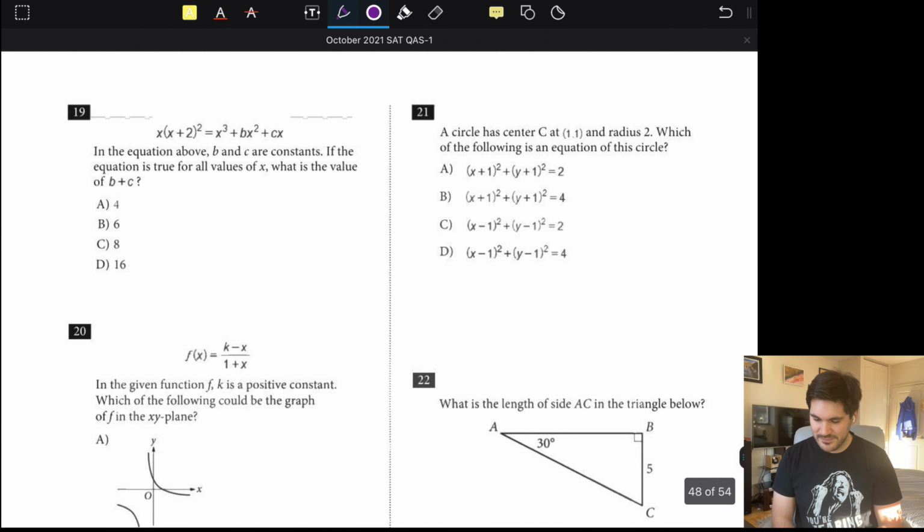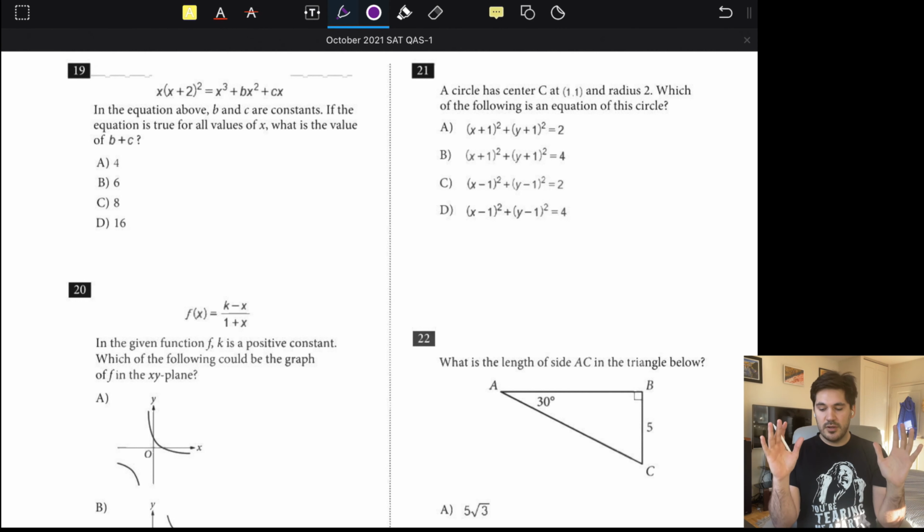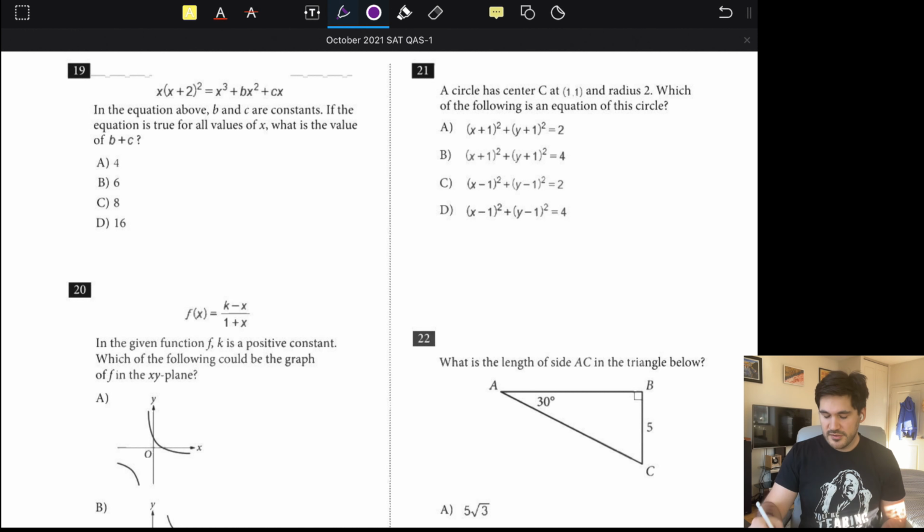Number 19. What is the value of b plus c? So when we have two sides of the equation like this, we need to make them look similar. So let's FOIL everything out on the left side. Let's do the x plus 2 squared part first.